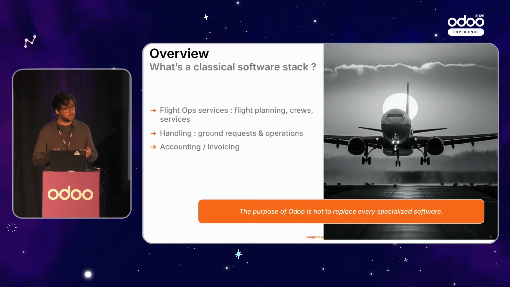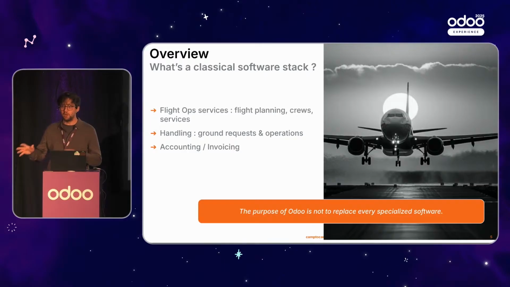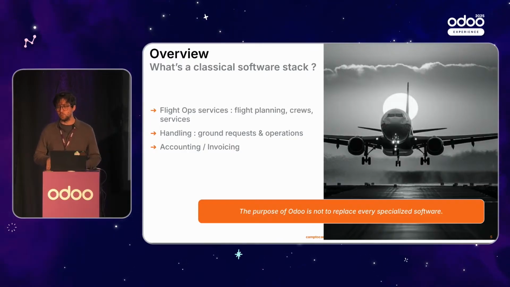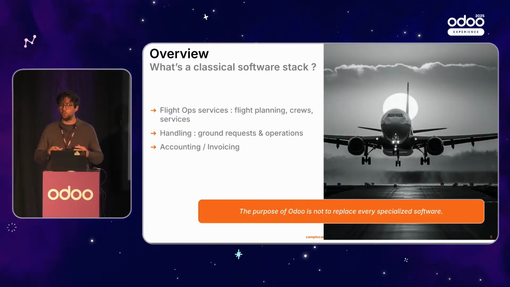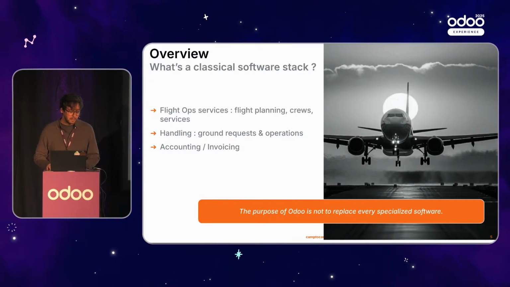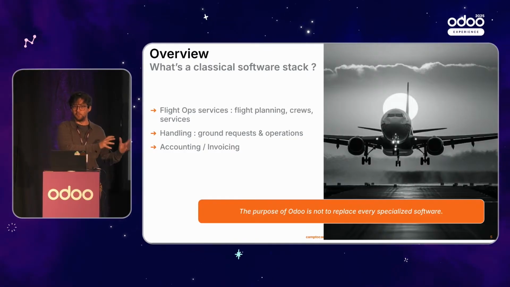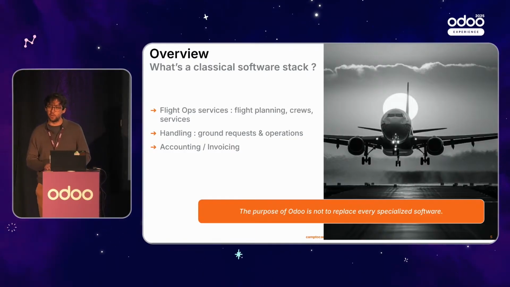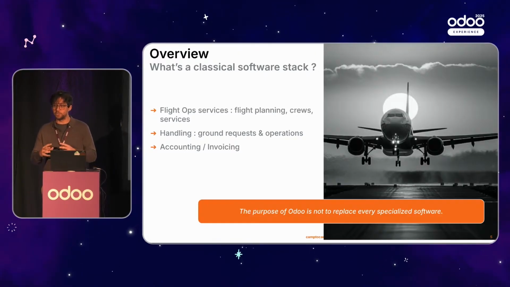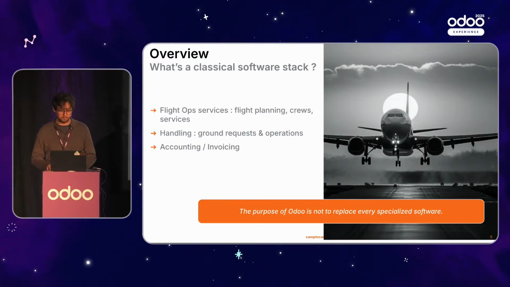One is based specifically on flight ops services: you have to plan when the pilot will be in which country, manage the crews, and manage all services around your flight management. The other kind is more about handling, to be sure that every passenger gets from point A to point B and everything goes well. It's more about ground operations than flight ops, which is more flight based.